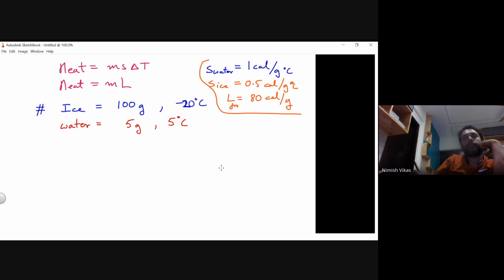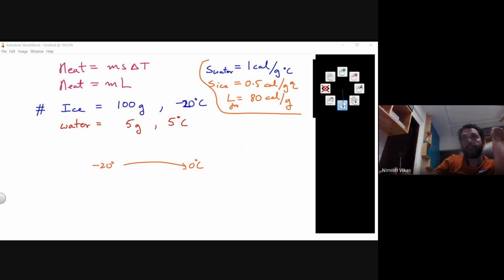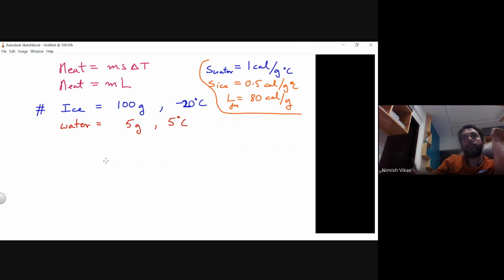So the point is we have to have a very methodical approach, and the next question which I give you, you should not be doing it wrong, so I'm going to show you the method you should be following. Is that clear? Ice from minus 20 degrees Celsius, suppose it was going to 0 degrees Celsius and it was melting. Suppose that was happening. I'll just draw in a new layer.